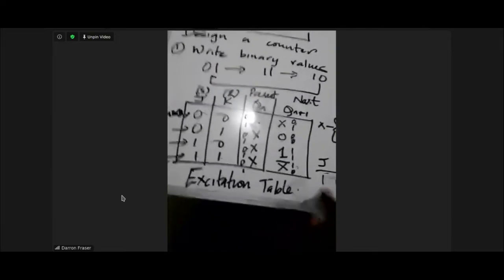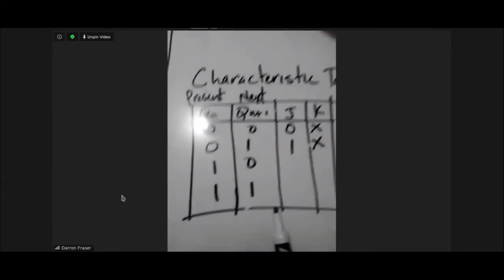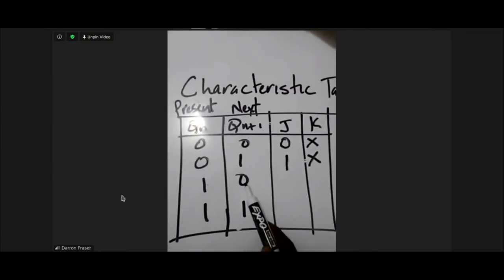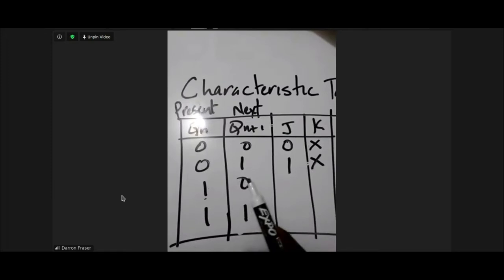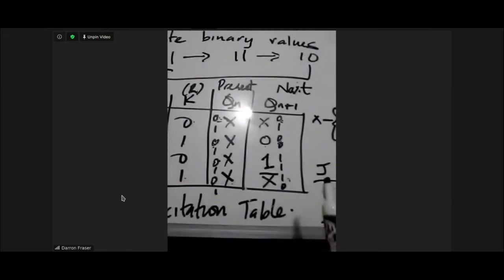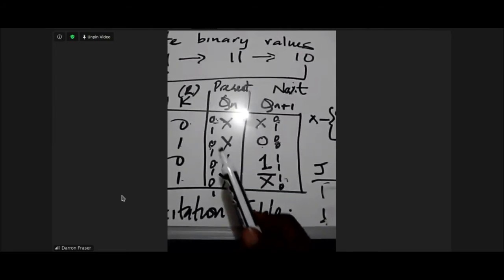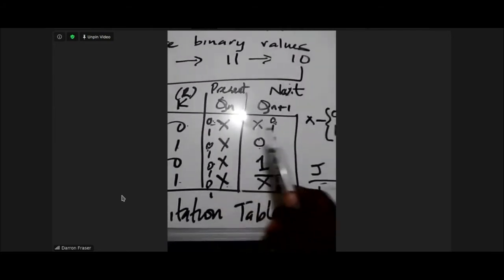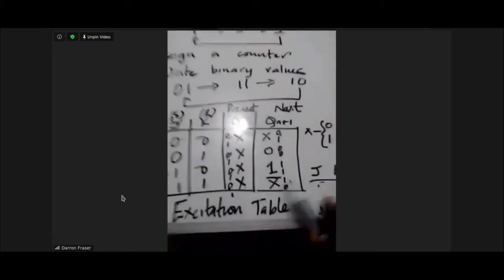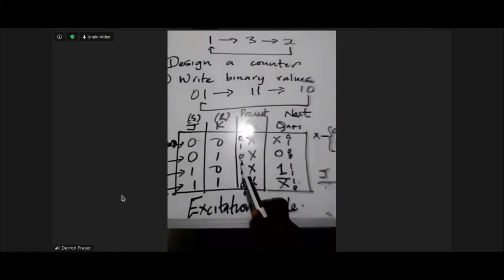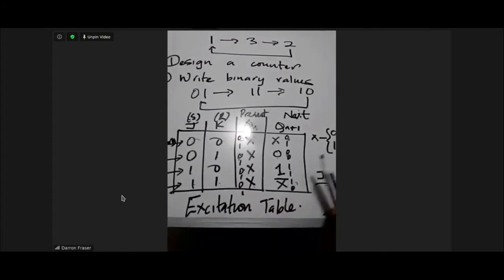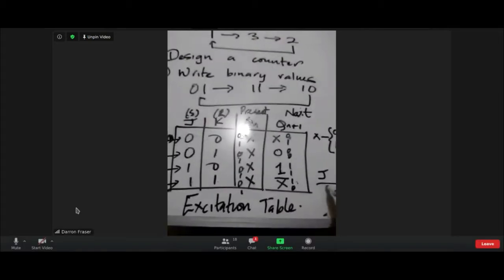All right. What about now? Presently at 1, next case is 0. Presently at 1, the next state is 0. What are the J and K values? That's 0, 1.